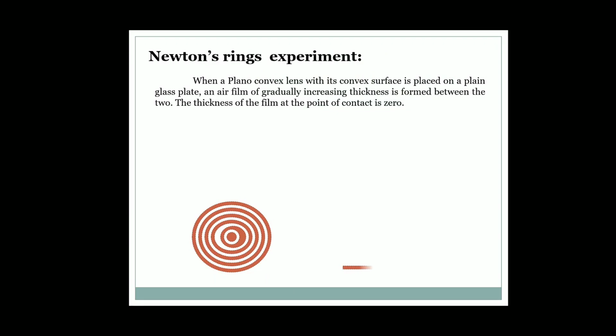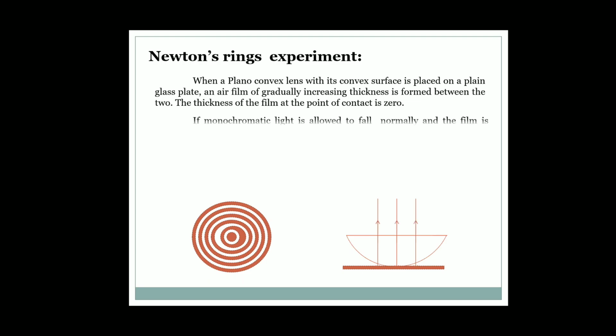In this, this is the plane glass plate on which a plano-convex lens having a large radius of curvature is placed. If monochromatic light is incident normally on this system, it is reflected at the bottom of the curved surface and the top of the glass plate.